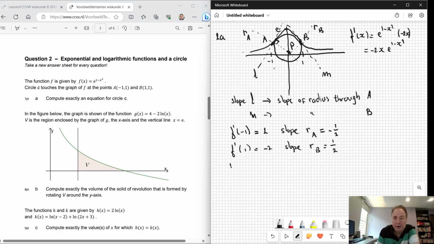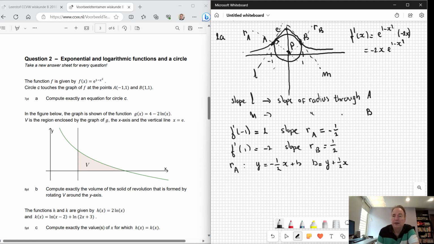So then we can find the whole expression for the line RA. We set y is minus 1/2 x plus b, but b follows by demanding that A is on the line. So b is then y plus 1/2 x, right?